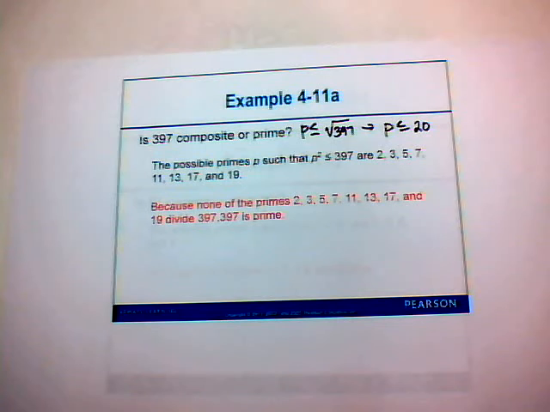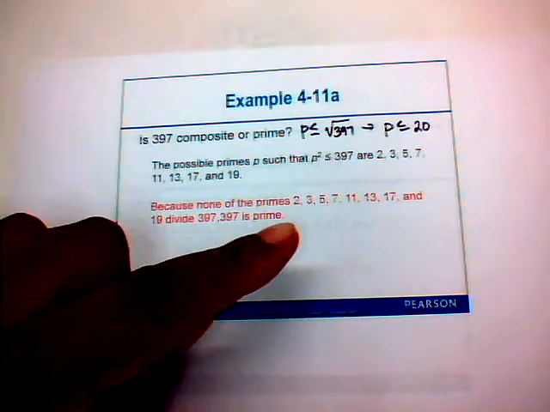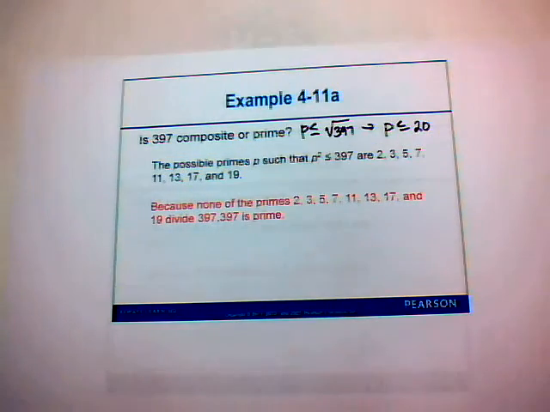Okay, so you have to test primes that are less than or equal to 20. And in this case, those are the prime numbers that you have to check: 2, 3, 5, 7, 11, 13, 17, and 19.